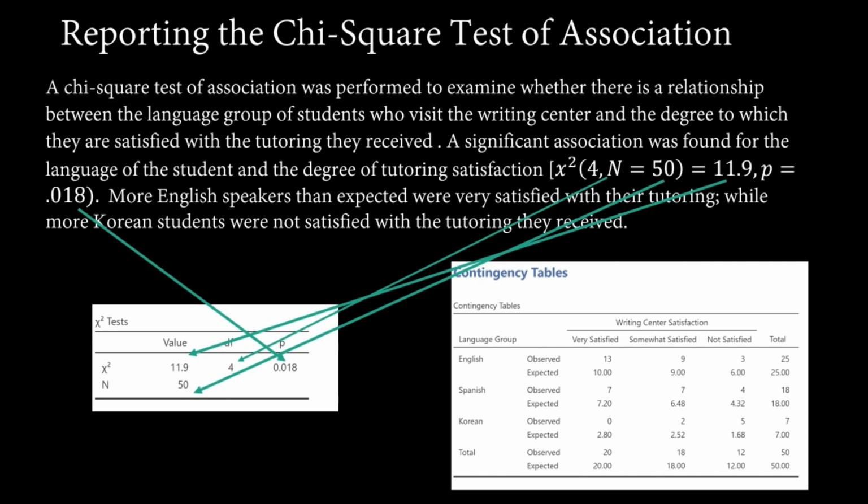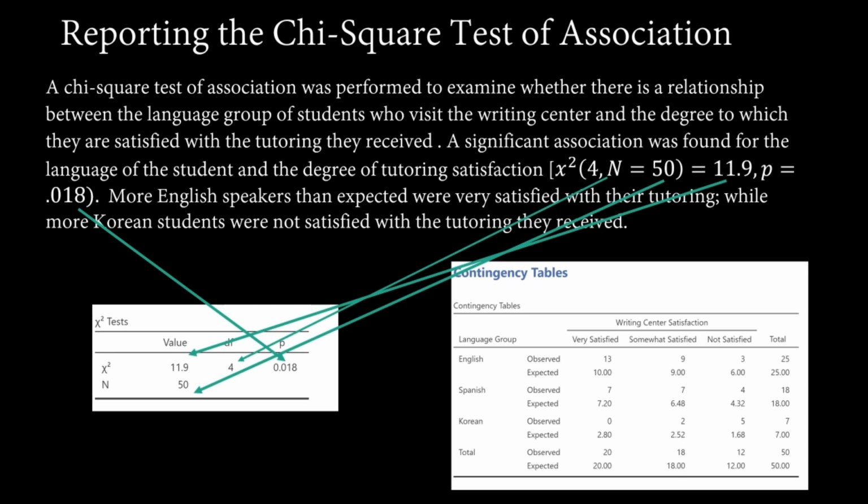So now let's report the results of our test. As you can see, I've copied the data output from the JAMOVI program, and this is just to help you identify where the information actually is. So let me read to you how to report this. A chi-square test of association was performed to examine whether there is a relationship between the language group of students who visit the writing center and the degree to which they are satisfied with the tutoring they receive.